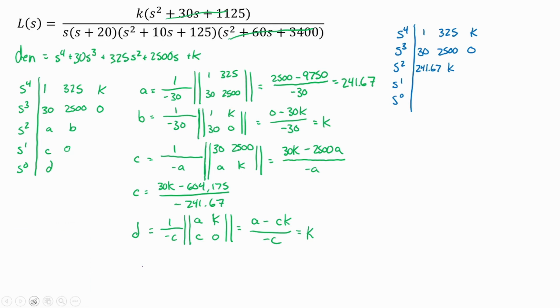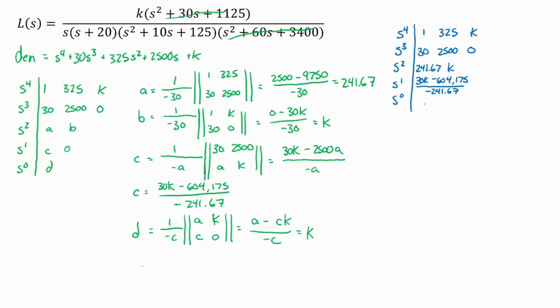So that's important, and we'll get to why that's actually important a bit further on. So we have 30k minus 604,175 all over negative 241.67.